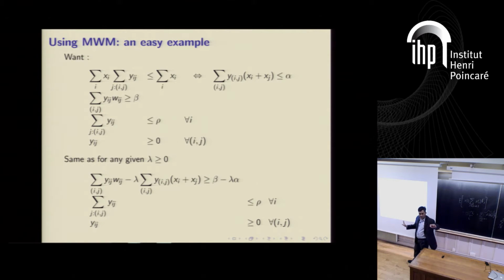I'll not give a proof of this, but believe me that for any given lambda, any positive lambda, if I can solve a linear combination of these two constraints along with these constraints, then I can solve this optimization problem. It's not very hard to believe. You just have to do the algebra a little bit.